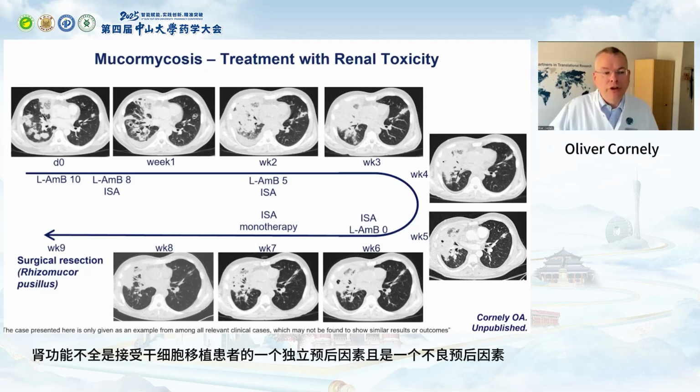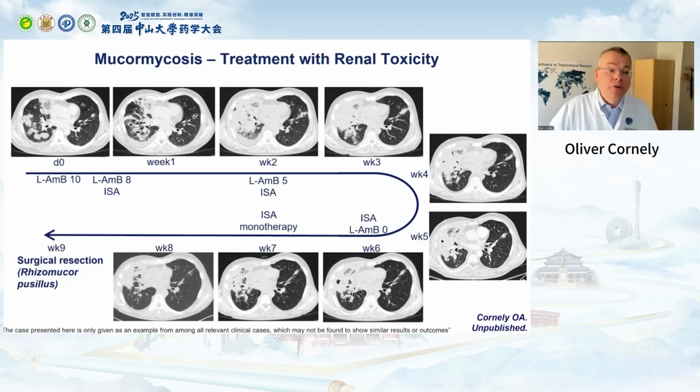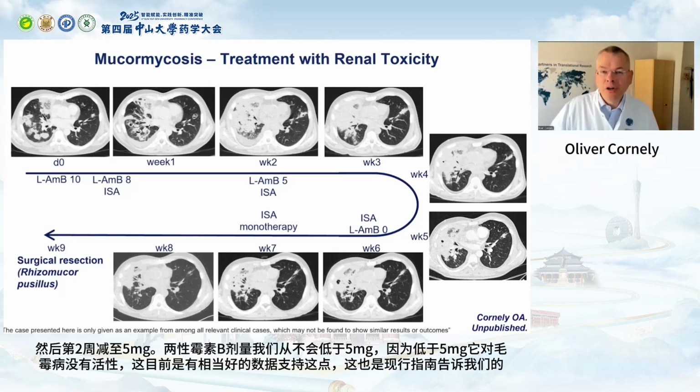And this patient was scheduled to undergo allogeneic stem cell transplant for the leukemia relapse and recurrence risk. So we had to reduce it down to 8, and then week 2 down to 5. We never go below 5 because below 5 it is not active against mucor. There are quite good data, and it's what the current guideline tells us.